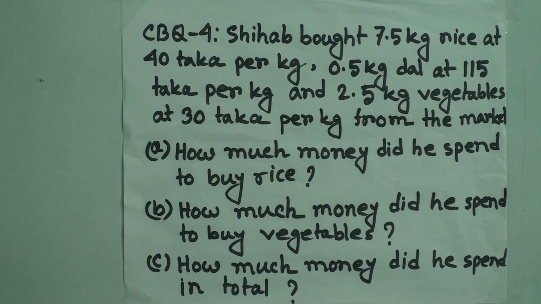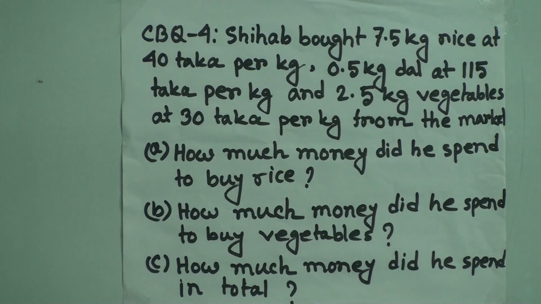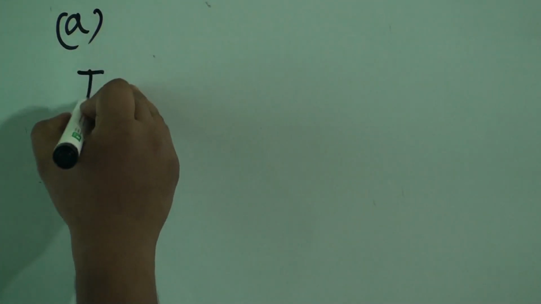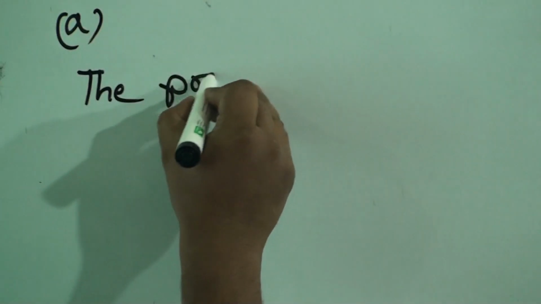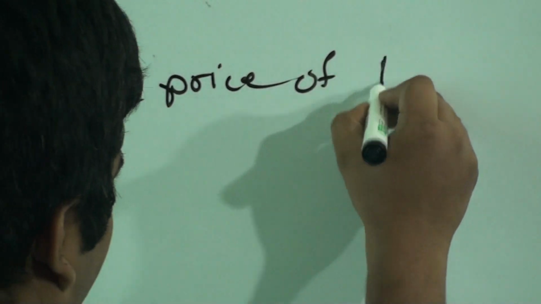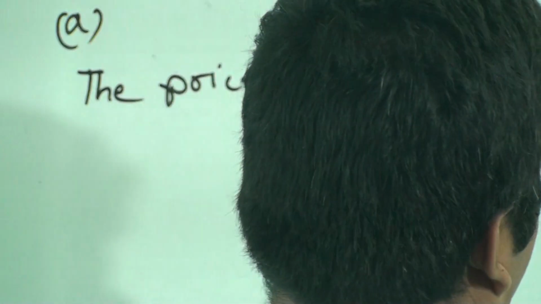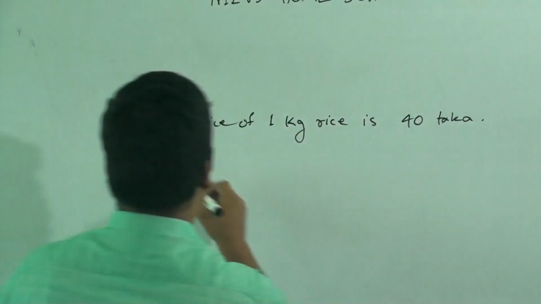Okay, now question number A. First of all we write how much money did he spend to buy rice, and from the stem we have already found that the price of 1 kg rice is 40 taka. So we write the price of 1 kg rice is 40 taka.